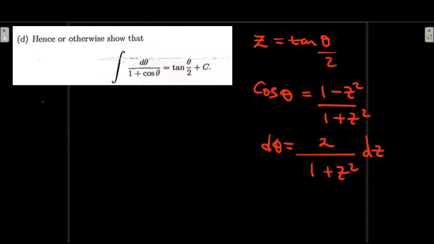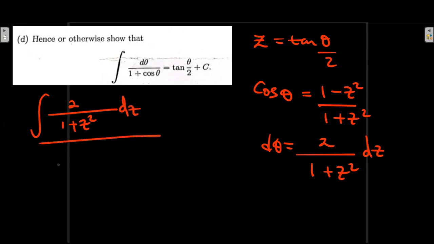So this is going to be the integral where I have d theta, I can replace that. So I have 2 over 1 plus z squared, then dz here. Then down there, I have 1 plus, I'll replace, 1 minus z squared over 1 plus z squared. So now we are going to show that this, which we've just replaced, is going to be equal to the other side.